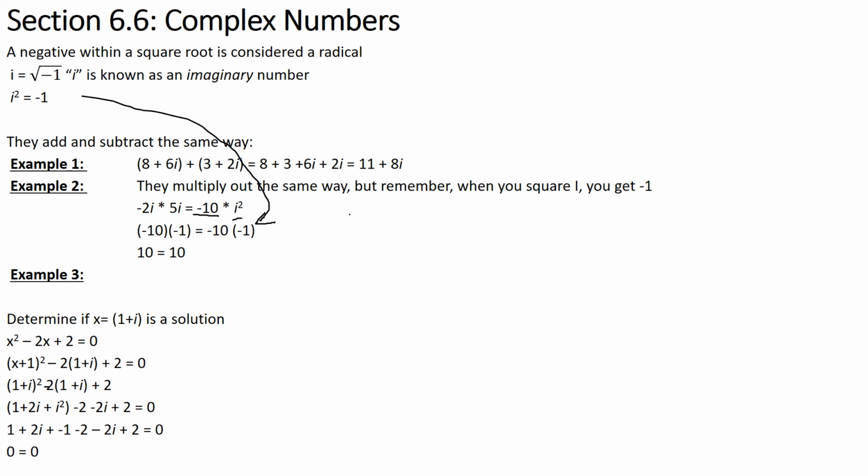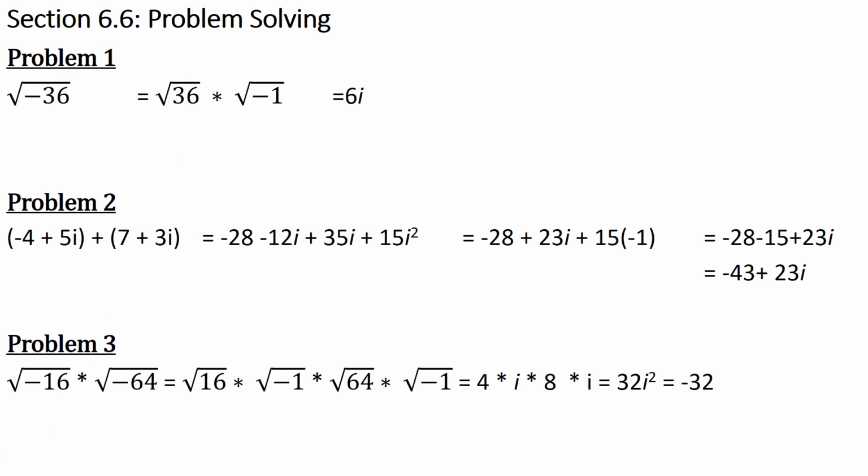And remember, I squared is negative 1. So 1 plus 2i minus 1. The 1 and the minus 1 cancel out right there. Minus 2 plus 2i. Well, there's a plus 2i right there, and that cancels that. Negative 2i. And negative 2 plus 2 is 0. So this whole thing is a correct solution.